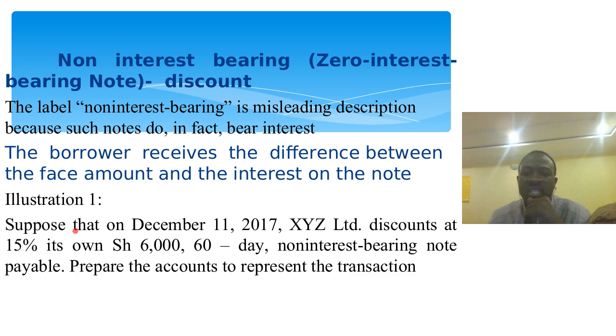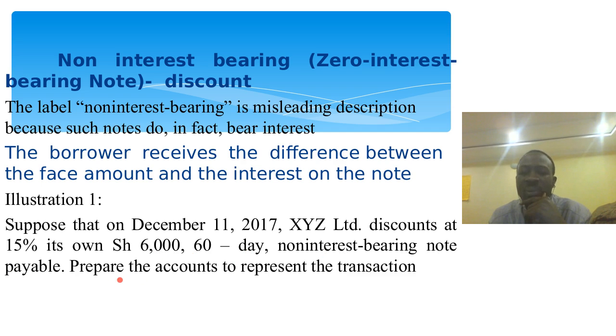So to illustrate that, we assume that on December 11, 2017, XYZ Limited discounts at 15% on its own 6,000 shillings 60-day non-interest bearing note payable.